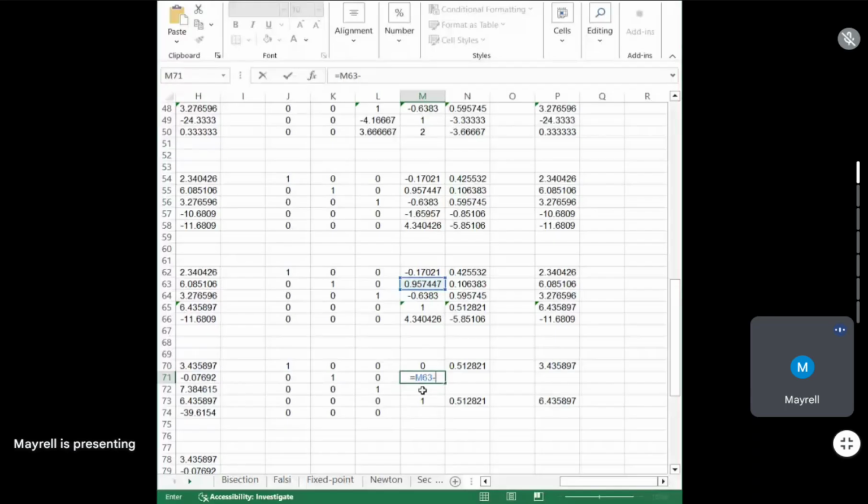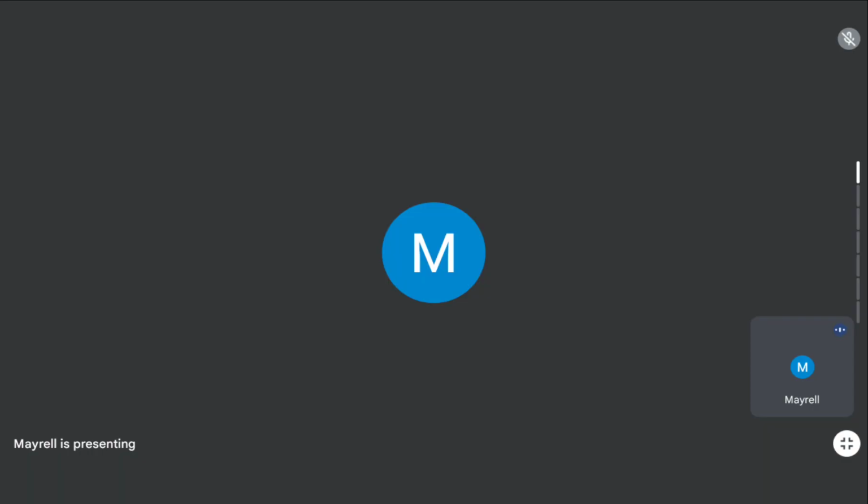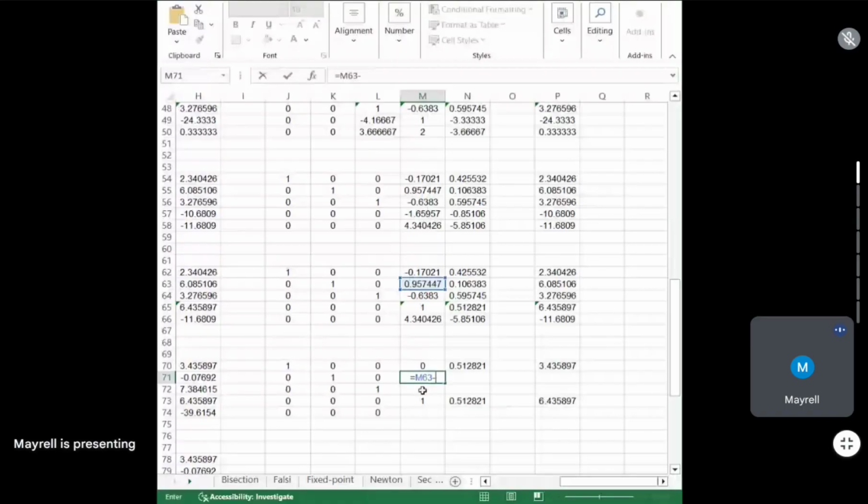And then row 3, so this value in row 3 minus our M here in A34, in cell M64, times row 4.